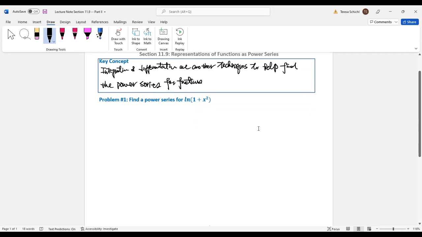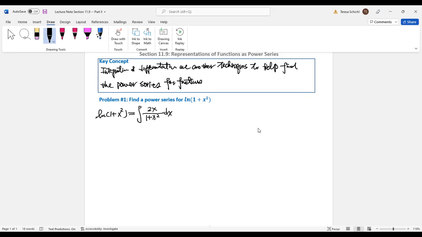Okay, so now this is the problem here. Let's find the power series for the natural log of 1 plus x squared. I can rewrite this as the integral of 2x over 1 plus x squared dx.